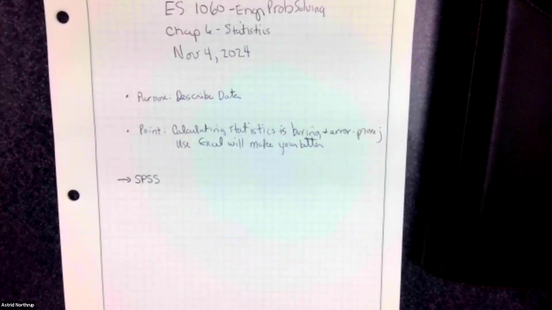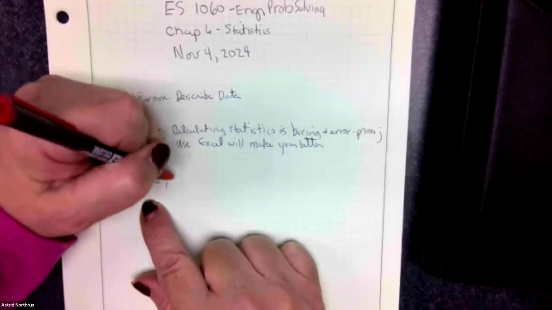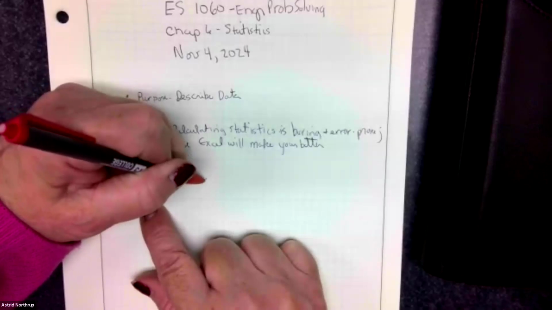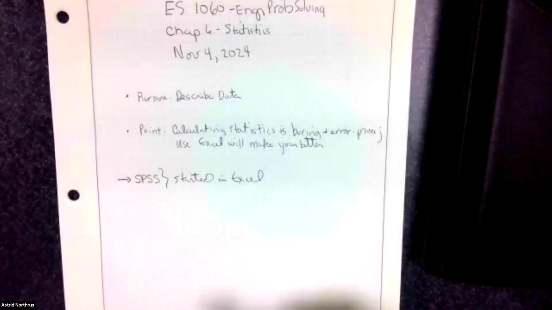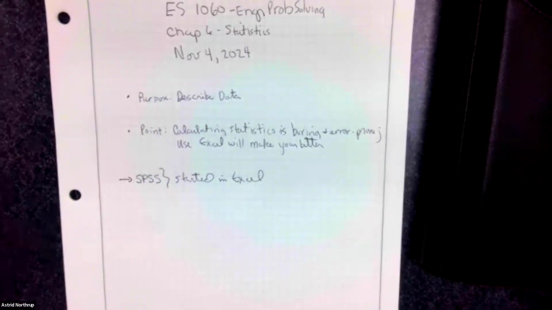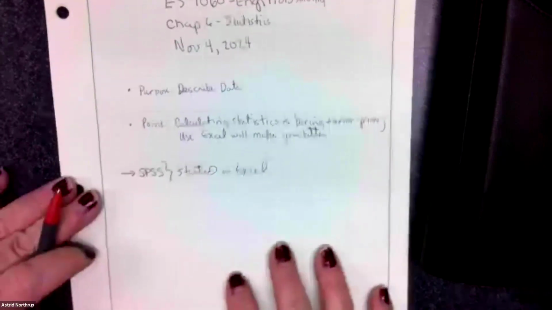It's big and cumbersome and does all kinds of stuff, but it makes your data a little bit inaccessible. I used this program to do my final analysis, but I started everything in Excel. And Excel will do everything that SPSS will do for smaller data sets. So unless you have 80,000 points of data, Excel really will do almost everything for you.